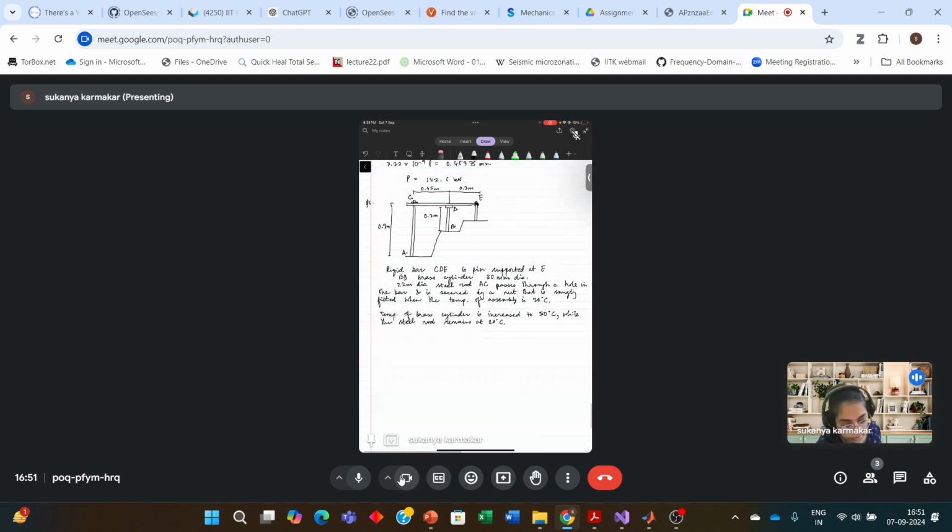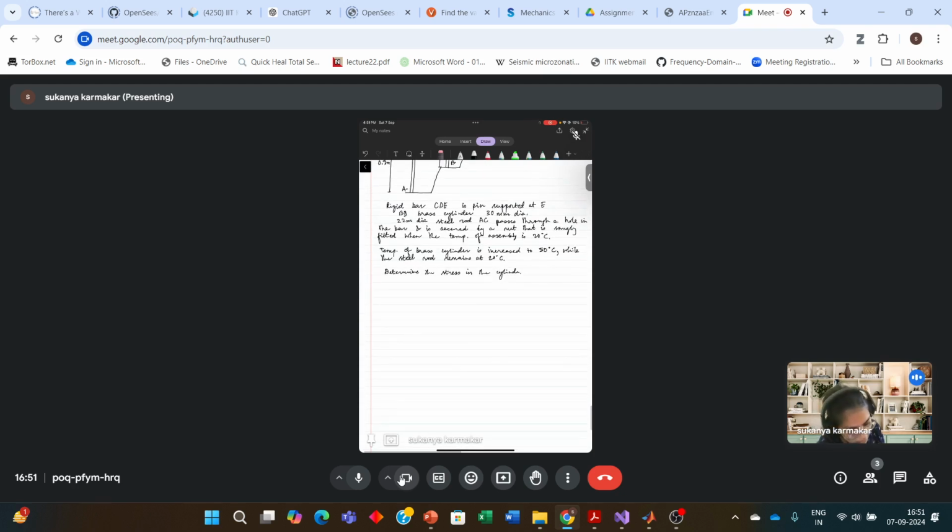Assume that no stresses were present before the temperature change. You have to determine the stress in the cylinder.